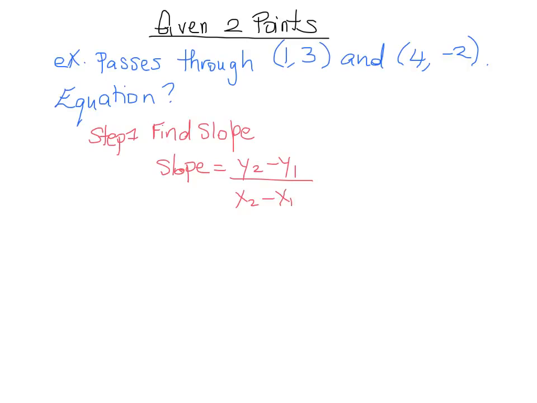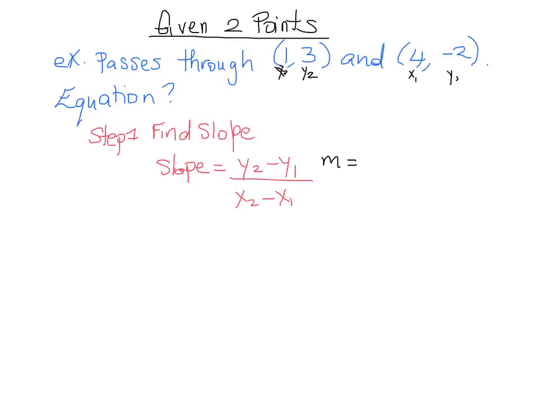So let's go ahead and find slope. Let's call it m for short. So our slope m is, we can label this x2 and y2, x1 and y1.